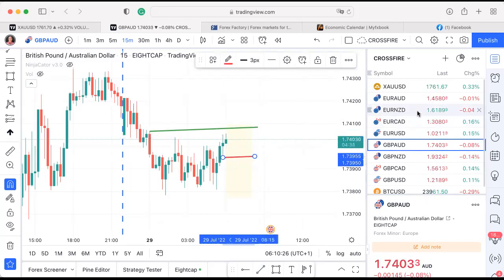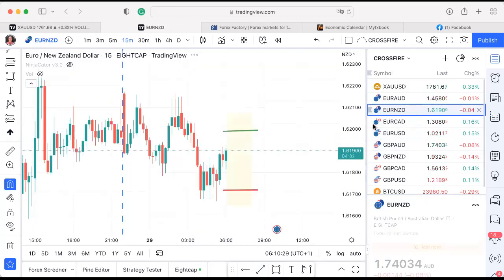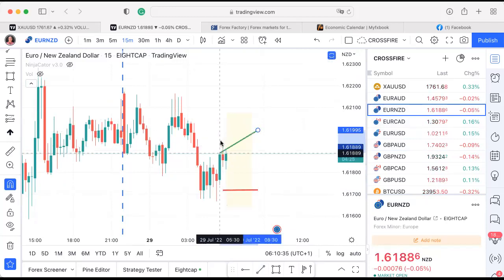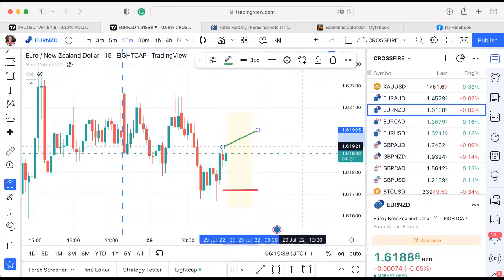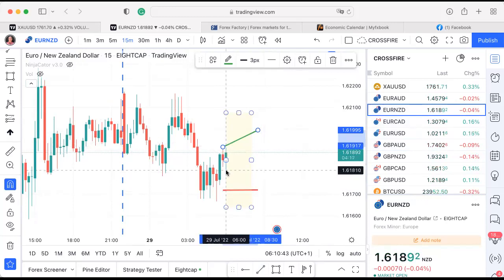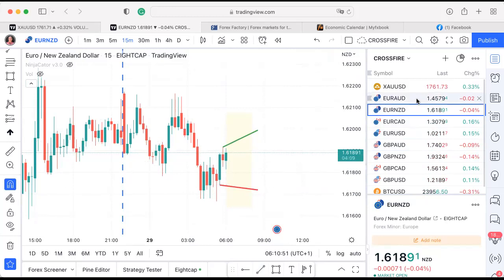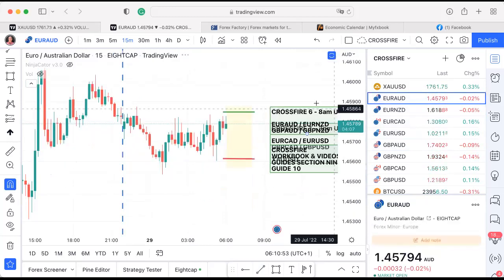And we just work our way through the other two pairs. So again, there's the top of the wick, that's the nearest high. Sorry, that's not that. I want to be on that one. And the bottom of the 6 o'clock wick, that's the nearest lower low. And the last pair, Euro Aussie dollar.